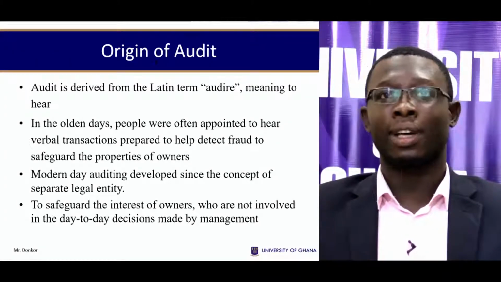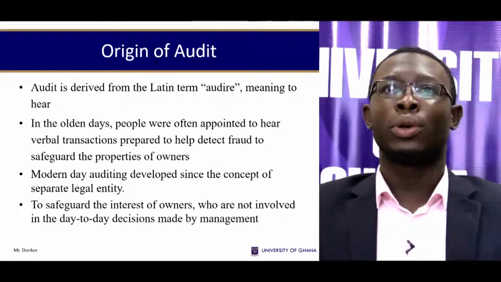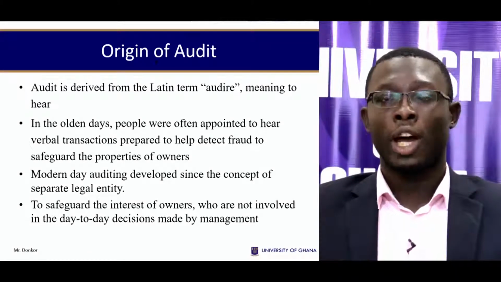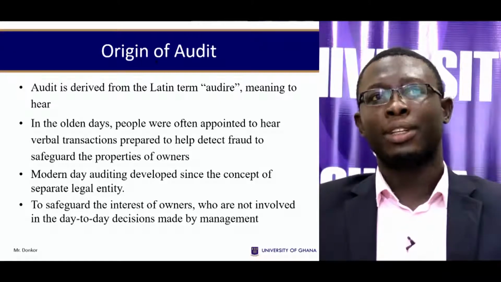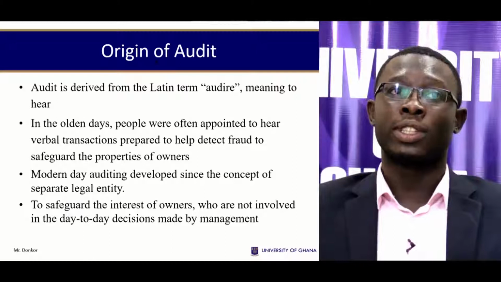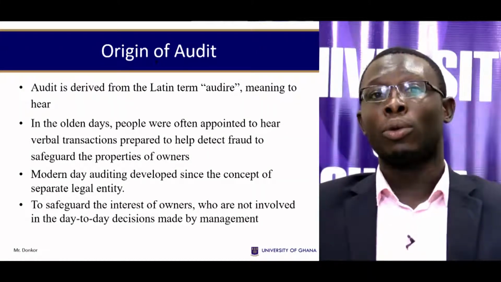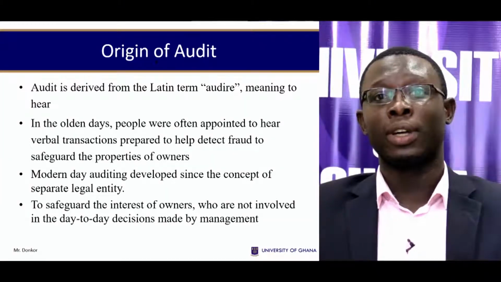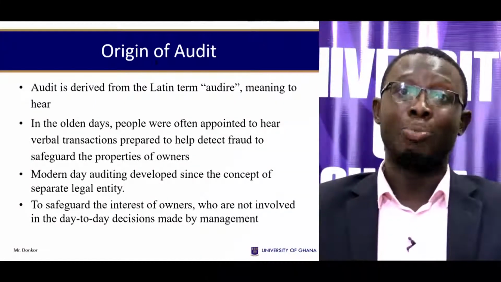Okay, origin of audit. Audit is derived from the Latin term audi, meaning to hear. In the olden days, people were often appointed to hear verbal transactions, to help detect fraud and to safeguard the properties of owners. But in modern times, auditing developed with the concept of separate legal entity, that is, the owners of the various entities are very much separated from the organization, and therefore others are appointed to manage.